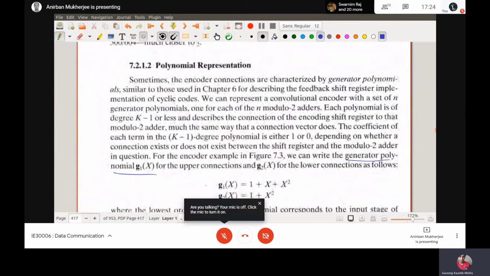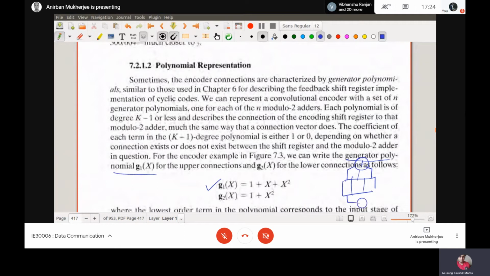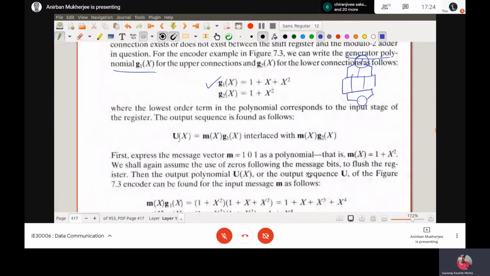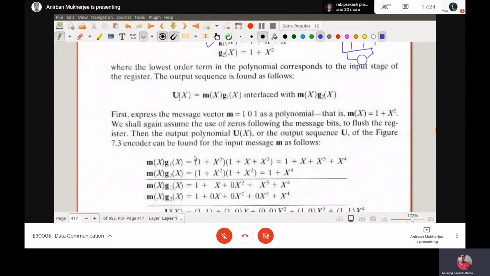The generator for the first one is 1 plus x square, where all 3 were connected. And the next one was 1 plus x plus x square. In this way we represent it, and finally they do this calculation.